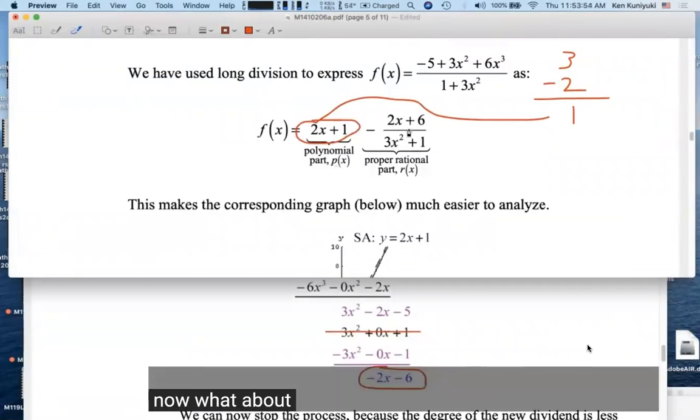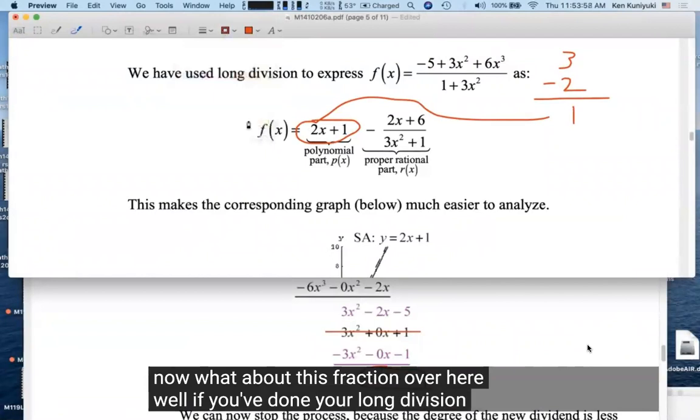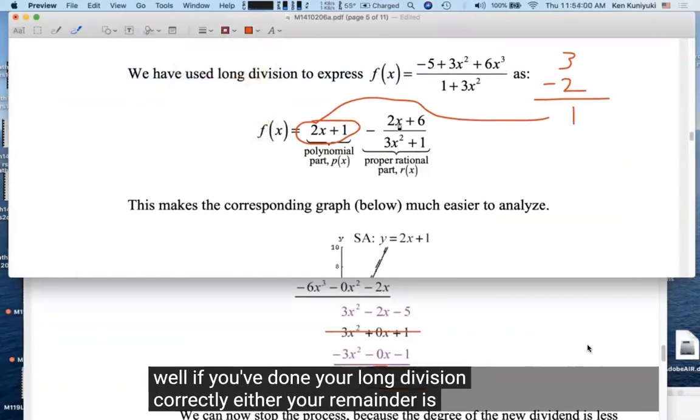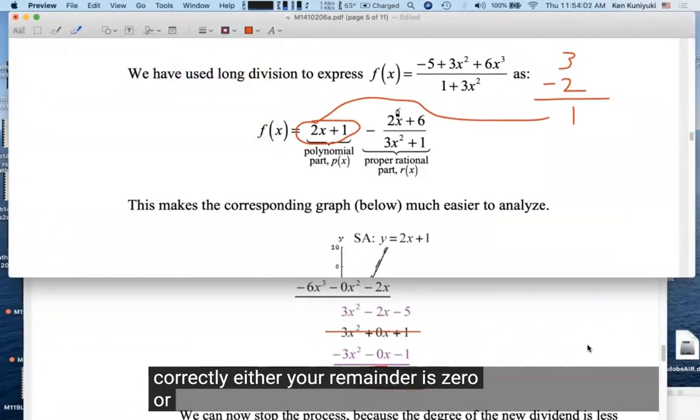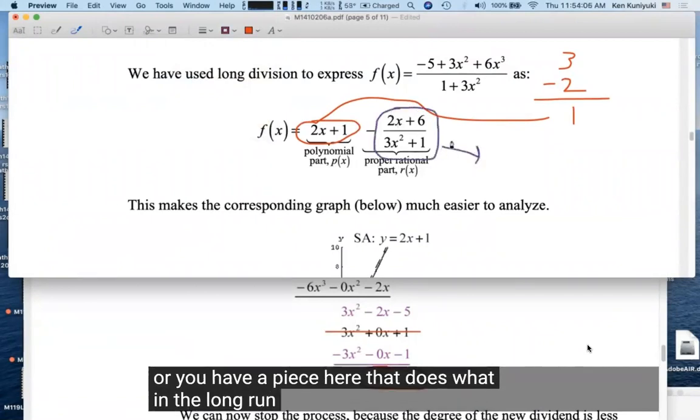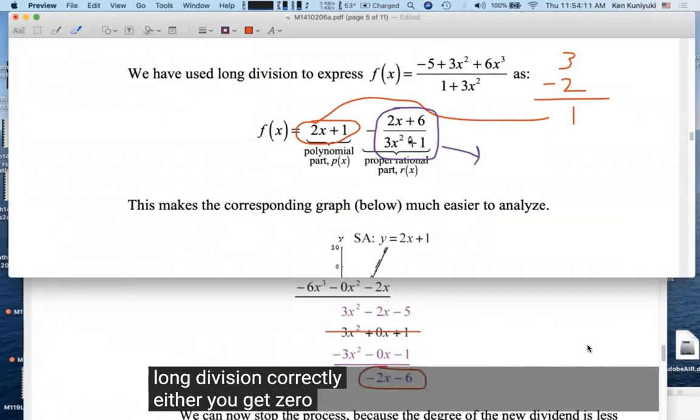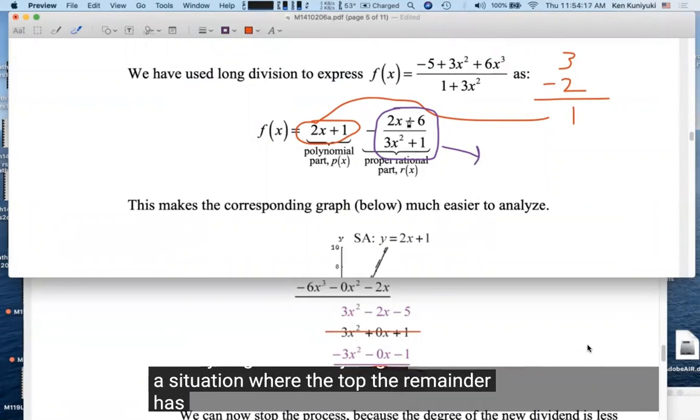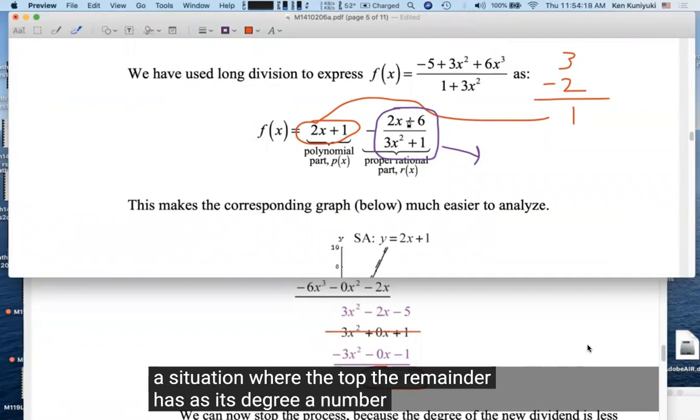Now, what about this fraction over here? If you've done your long division correctly, either your remainder is 0, or you get a situation where the top, the remainder, has as its degree a number less than the degree of the denominator.